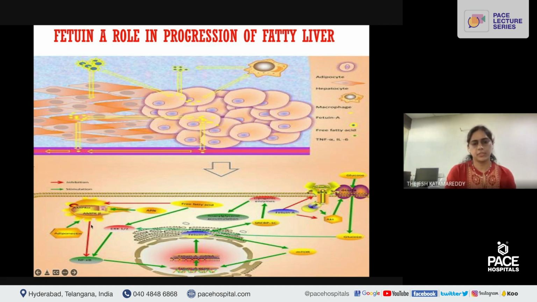AMP kinase actually inhibits NF-kappa B, but in cases of obesity, free fatty acids cause a decreased amount of AMP kinase, thereby stimulating NF-kappa B, and this will stimulate fetuin A mRNA to produce more fetuin A. This more fetuin A acts on the steroid retinol binding protein, leading to more lipogenic enzymes being produced, leading to the accumulation of fats. And this is about the fatty liver.